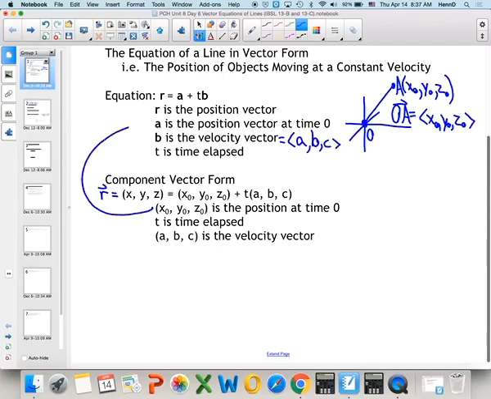So these are the same thing. This is our vector A, and this right here is our vector B, our velocity vector, a, b, c. Is everyone with me so far?